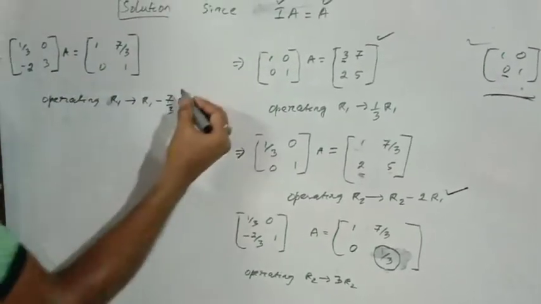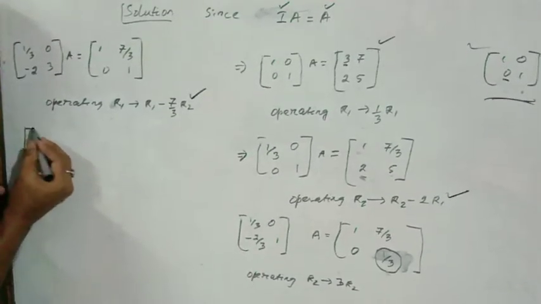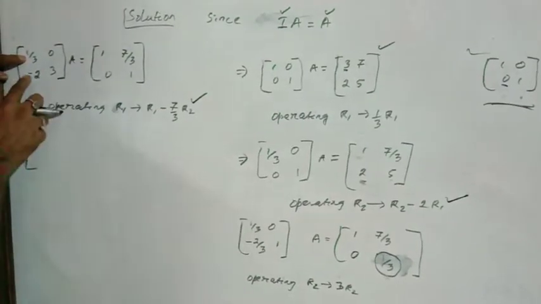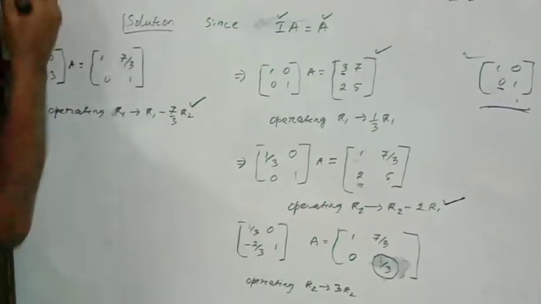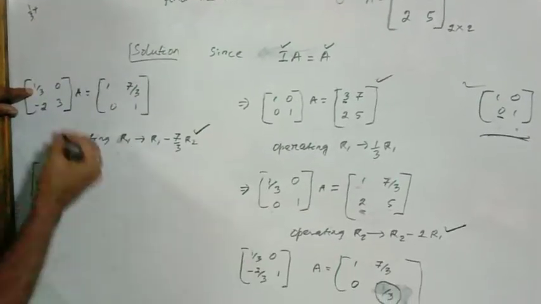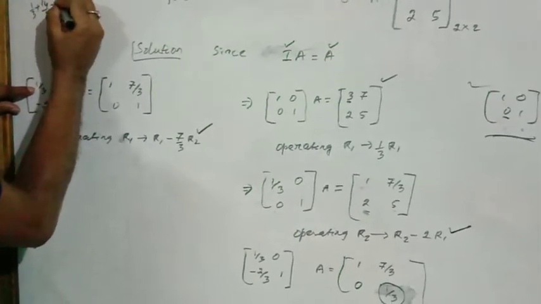So here you see, taking this operation, we are getting 1 by 3 plus 14 by 3, so it becomes 5.